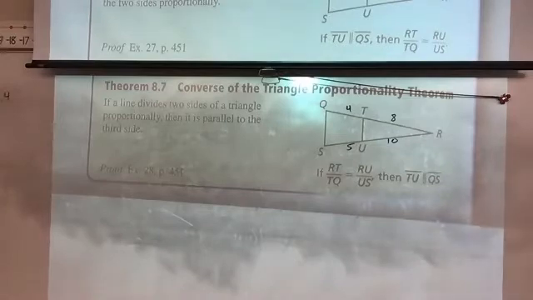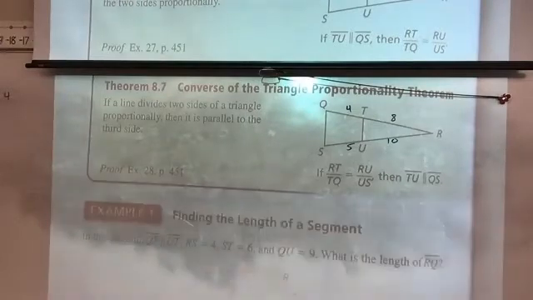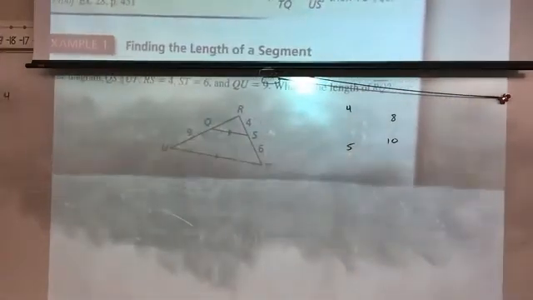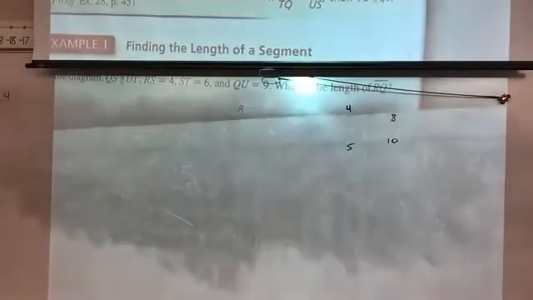If they are proportional, then we know the lines have to be parallel. So same idea, just backwards, it's the converse. This allows us to set up and solve for a side length. And we'll do 2 like this, and we'll move on to another one.